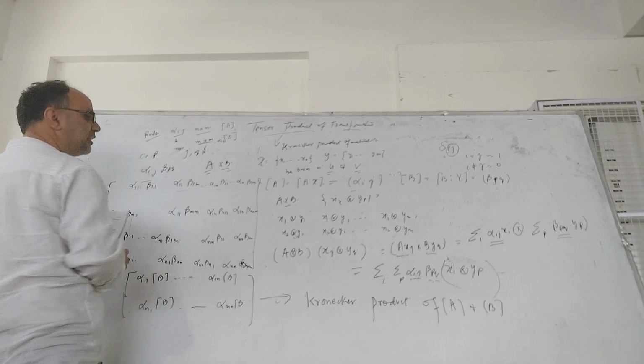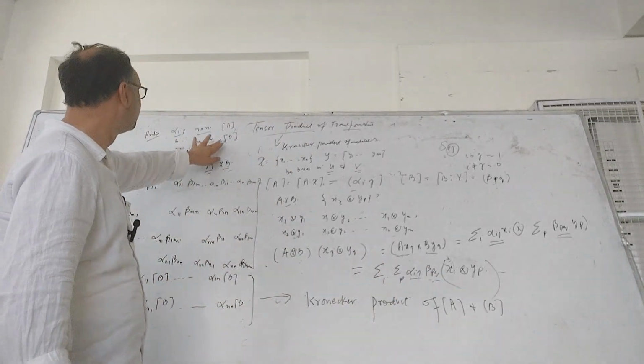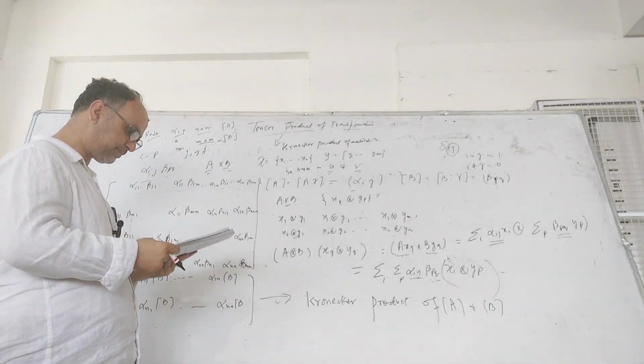If it's also alpha ij, here it was pq, but you don't want to change alpha ij. You just say these are rows and columns. So in one case it's n cross n, in another it's m cross m.